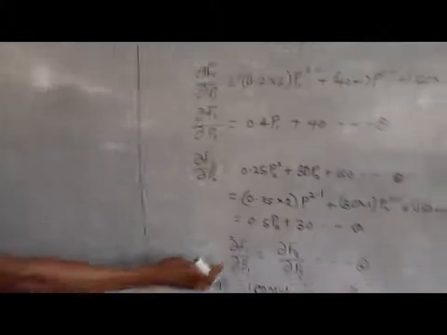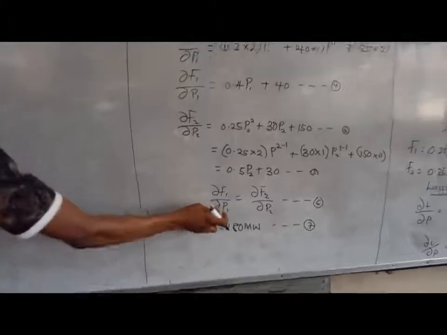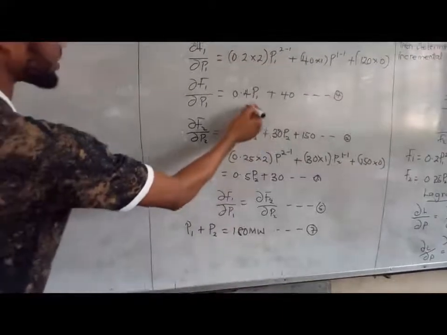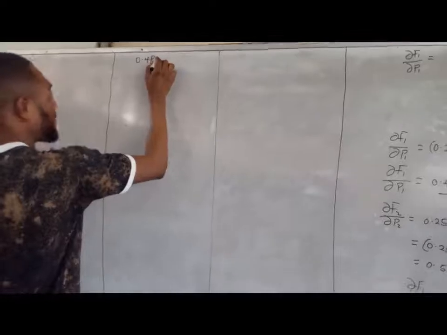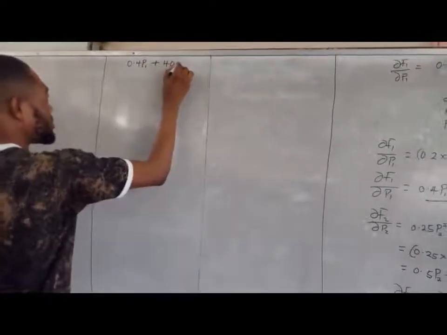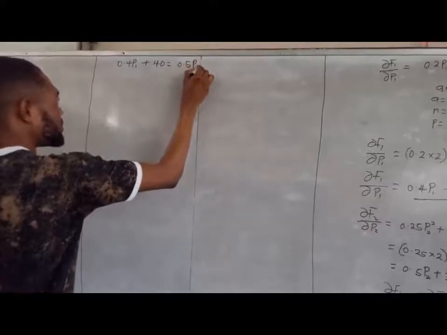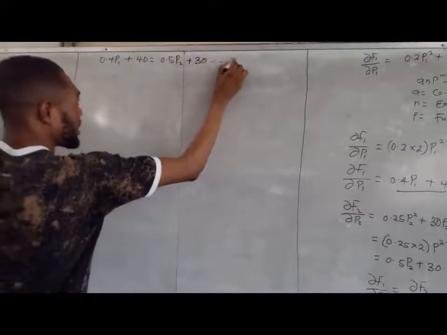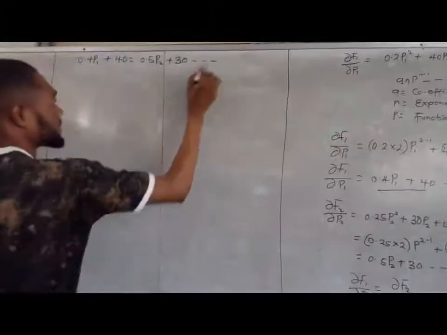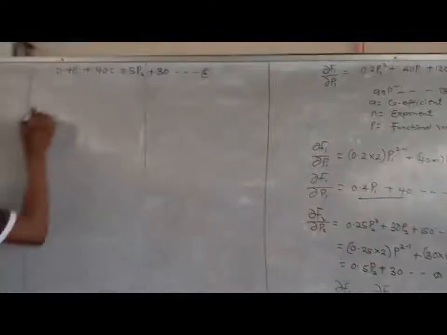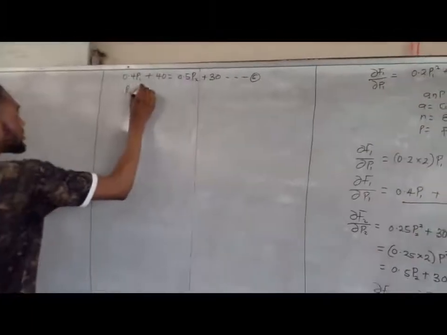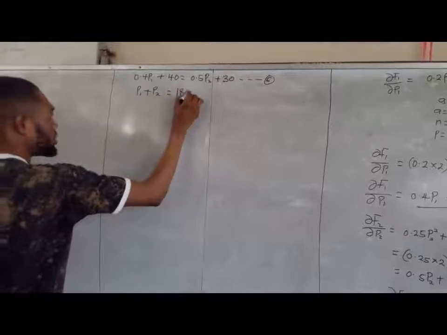So now we have two equations. From the differential equation we have 0.4 P1 plus 40 equals 0.5 P2 plus 30. That gives us our equation 6, where we are just putting the respective values into the expression. Then P1 plus P2 should be equal to the demand.